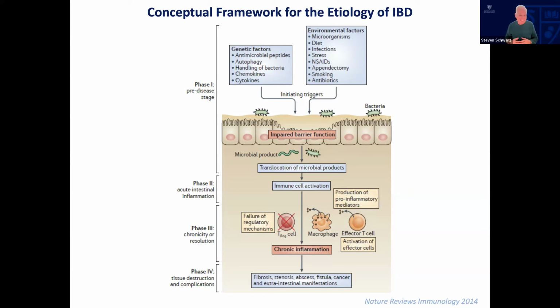However, if this gets out of hand because of excess production of pro-inflammatory mediators, the failure of regulatory mechanisms through FOXP3 and T regulatory cells, and the activation of T helper, T killer cells, and macrophages, this can lead to an overexpression of the inflammatory response, leading to the clinical spectrum that we know as inflammatory bowel disease.